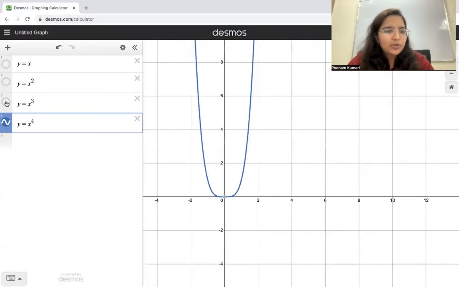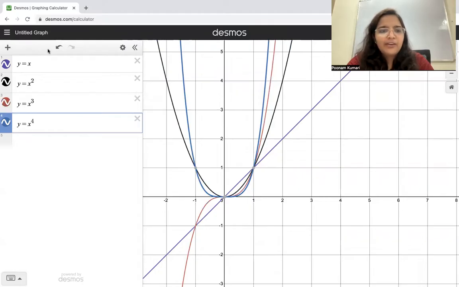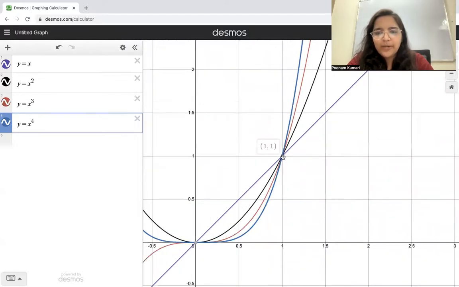If I just want to remove this, so this is how y equals x power 4 looks like. ठीक है, एक कॉमन फीचर जो हम बार बार देख रहे हैं वो क्या है कि ये जो सारे हमारे पावर फंक्शंस हैं, ये सबके ग्राफ, all of them are passing through this point which is 1,1. And which is quite natural also, क्योंकि हमारा पावर फंक्शन जो था, it was y equals x power r. अगर आपकी x की वैल्यू 1 होती है तो r which is your power, जो एक्सपोनेंट है, वो अगर आप कुछ भी पुट करें, your value is also always coming out to be 1.